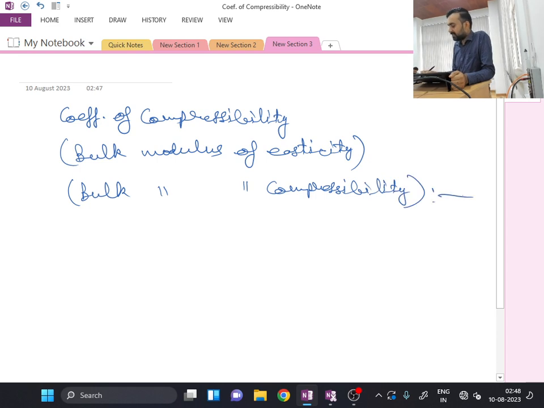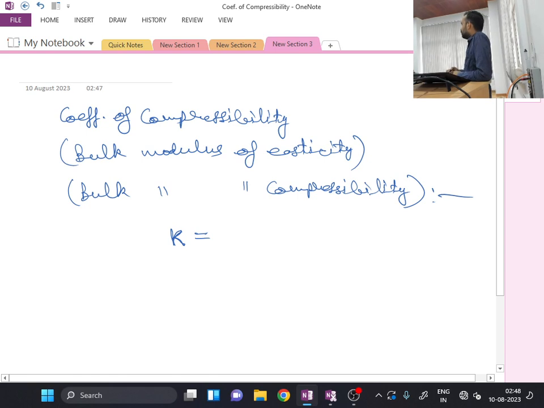Basically, the bulk modulus of compressibility is given by the symbol kappa. It is equal to minus delta P divided by delta V by V. So that is nothing but the coefficient of compressibility.